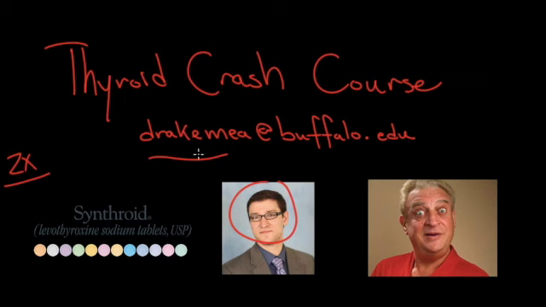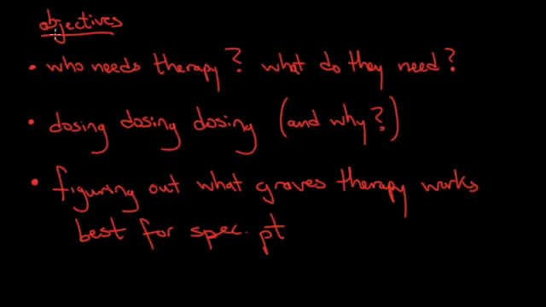Alrighty, so let's get started. As far as objectives go, we want to know who needs therapy and what agent do they need. Robo loves dosing. So really have a nice idea of what we should dose patients at and those tables and charts that lead you the way there.